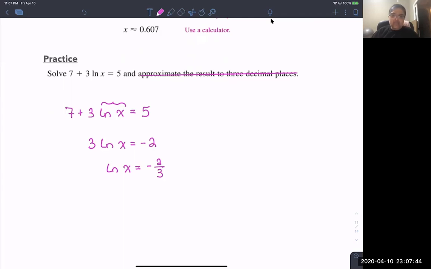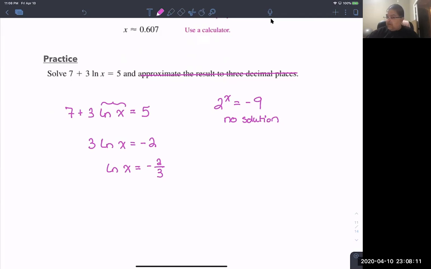Now, something to pay attention to. Say, for example, you had a problem like this. What would be your answer? Well, your answer should be no solution. Because remember the domain and range of my exponentials versus my logs.